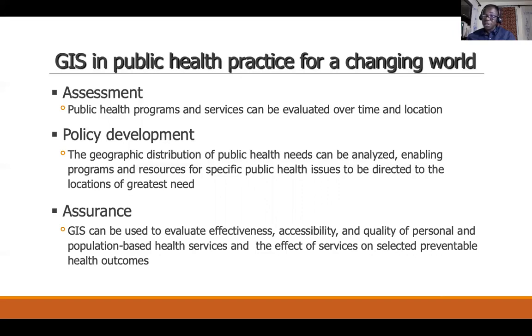These are timely and effective in management and saving of life. You see, better healthcare management and greater scientific exploration in public health decision making is made possible through GIS. And so on this slide, I've provided a few examples of how GIS can be used in public health practice for a changing world.